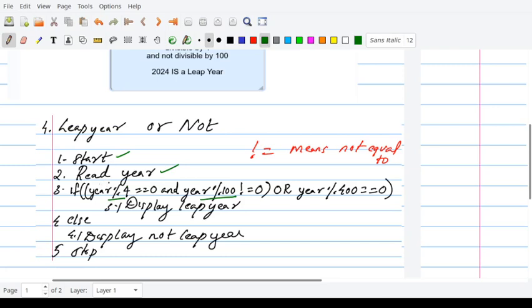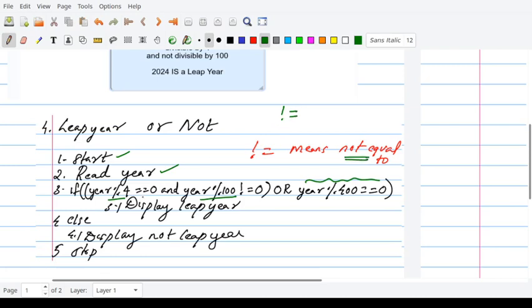Another condition is if your year is divisible by 400, then it is a leap year. So these are the conditions you have to check. You have to check whether your year is divisible by 4 and not divisible by 100. Not divisible by 100, you can write as exclamation mark equal to, which means not equal to.